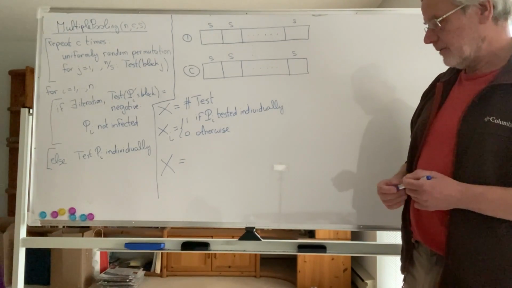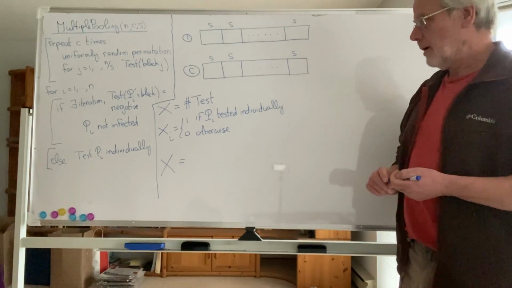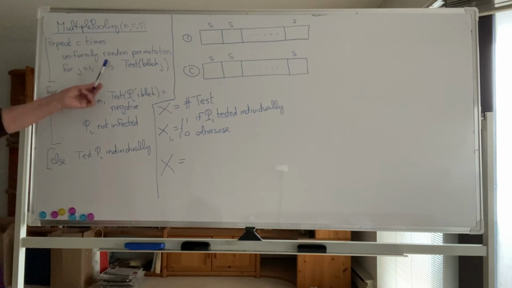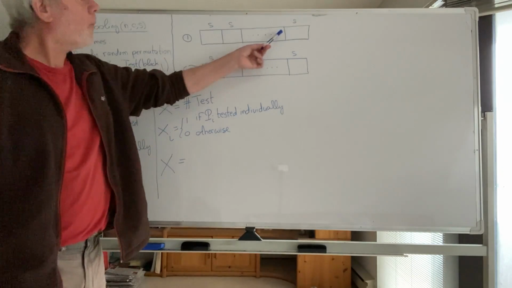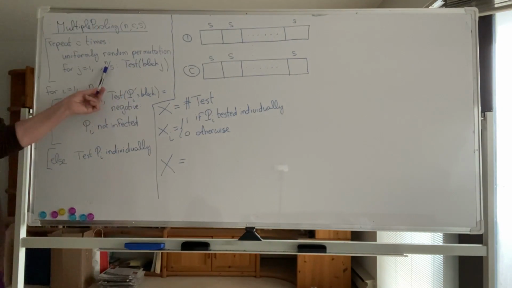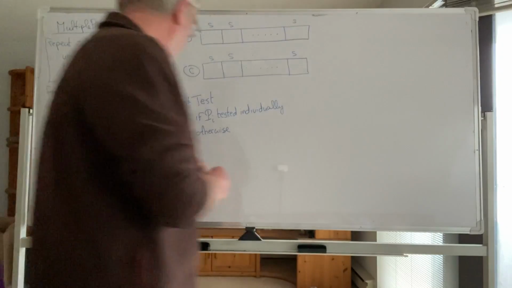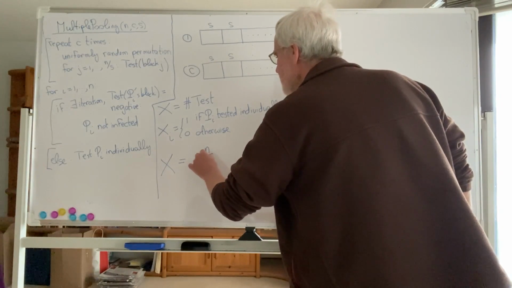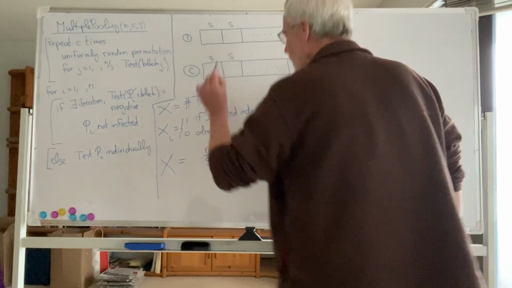Okay, so what is the value of x now? It is the total number of times we do a test. Well, for one particular permutation, we call this test function n over s many times. So we get an n over s. This is for one permutation.